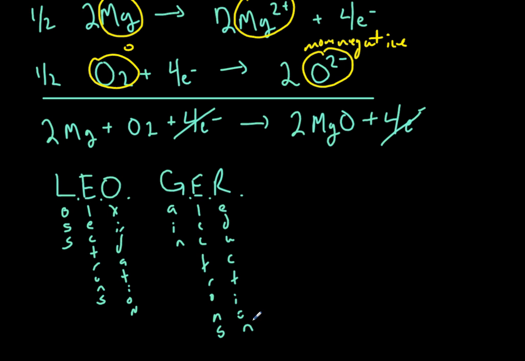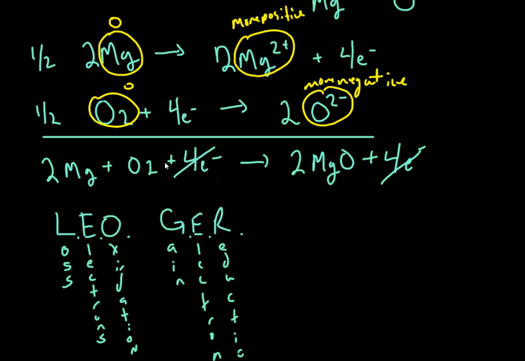All right, perfect. LEO says GER: loss of electrons is oxidation, gain of electrons is reduction. So if we look, we can see here magnesium lost electrons, and therefore it was oxidized. Okay? Oxygen gained electrons, and therefore it was reduced.